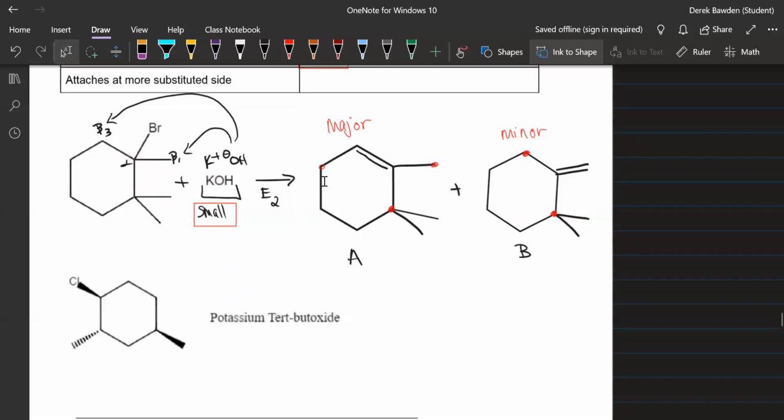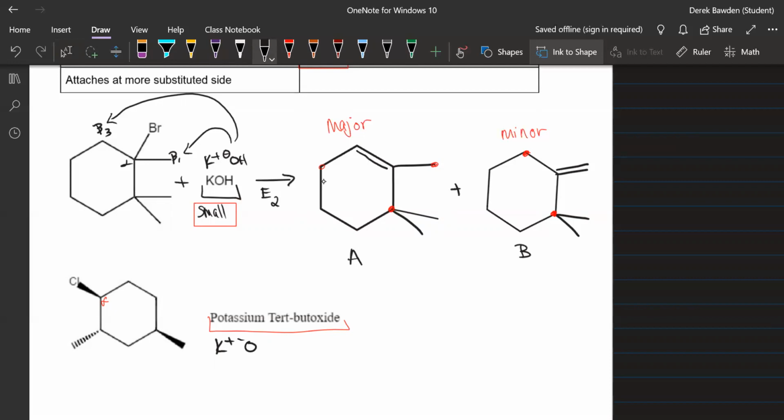So next, we have our alpha carbon. We have potassium tert-butoxide. This is a very common base that Dr. Garg likes to use. It's exactly what it sounds like. It's a potassium attached to a tert-butoxide. Tert is a tert-butyl, and oxide is a negatively charged oxygen.